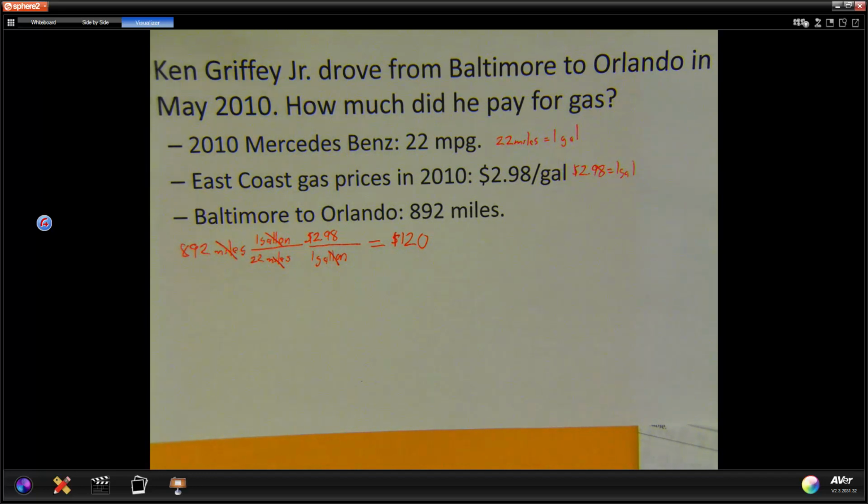Also, along that line, many of you, probably most of you, are comfortable doing this type of calculation because it's something that applies to your everyday life. And maybe you could do it without using this method. I want you to try to use this method because this is the method that we'll be using this semester.